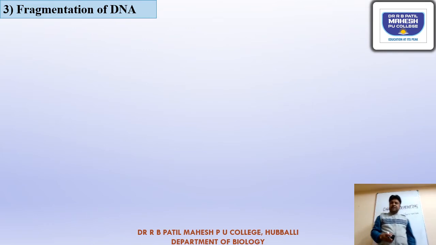The third step is fragmentation of DNA. DNA is isolated and multiplied by PCR, polymerase chain reaction. That DNA is fragmented with the use of restriction endonucleases.